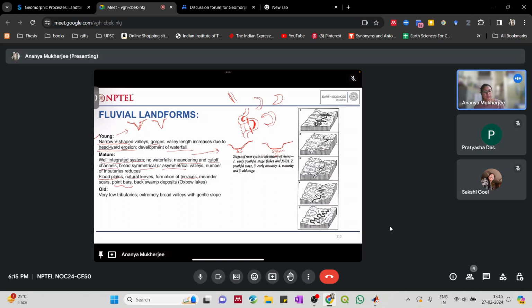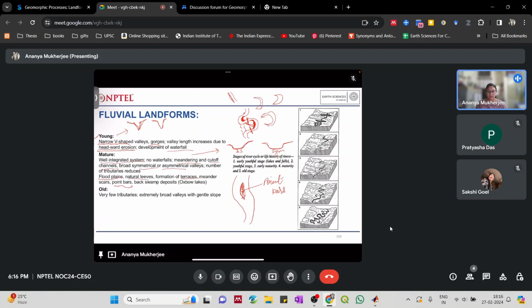And with time, when the meanders are coming closer to each other, the sediments that have been deposited here and the sediments that have been deposited here will merge, and they form something of this sort. Okay, and the water kind of moves around it. So these are actually called point bars. These are usually made up of sediments.